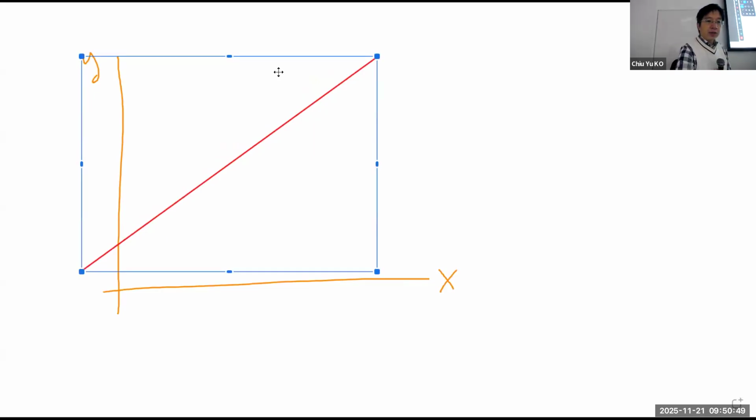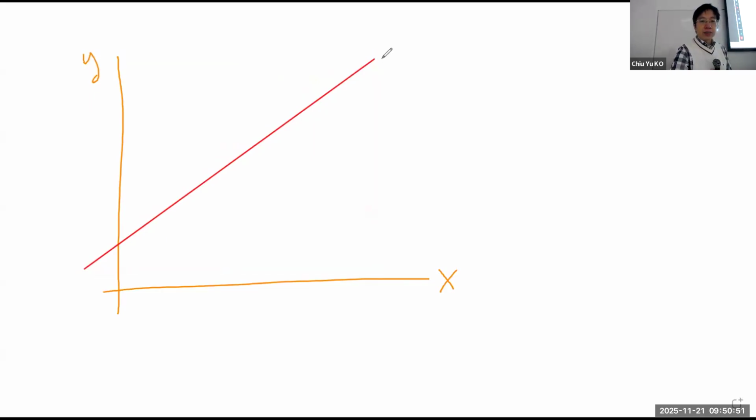If you believe that X and Y are related in this way, so this is your model, then if there's no uncertainty, every time you pick X, Y will be all along this line. So that would be a perfect world where epsilon is gone.